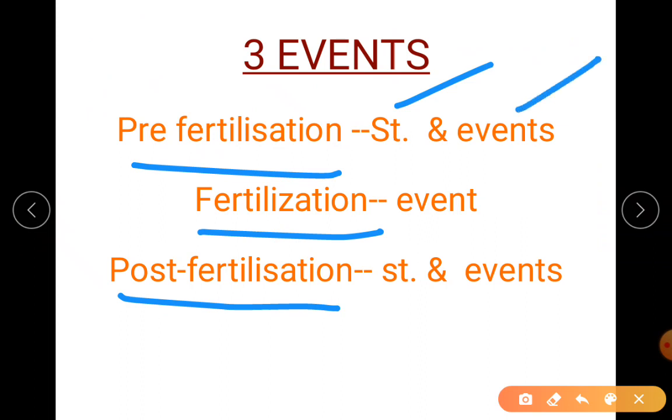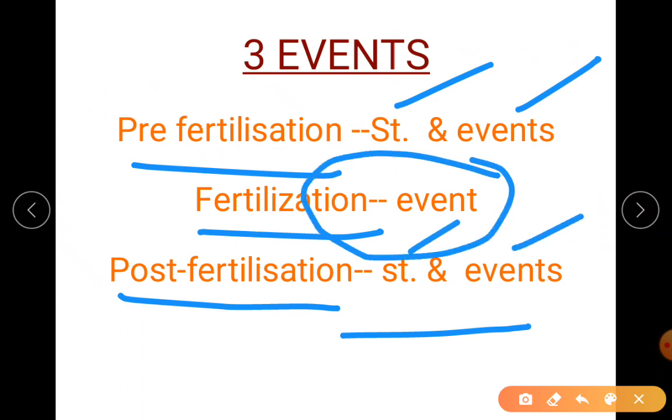So in plants we are studying the structure of the flowering part, the flower, the part for sexual reproduction, in detail, and the event occurring within that sex organ. Similarly, in post-fertilization, there is a structure and event. Whereas in fertilization, we are not talking about any structure, it is only the event.